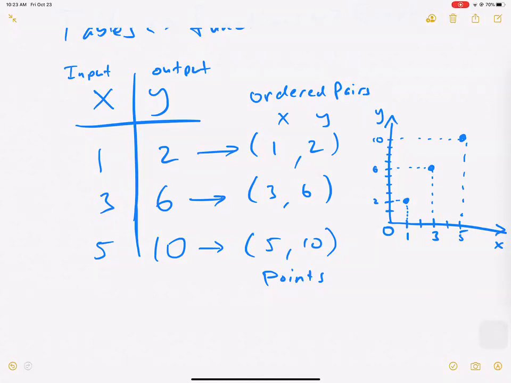So these are just 3 points for us. But input and outputs, this is just 3 glimpses into this pattern. Let me give you an example. Imagine if your mom is calling to ask you where you're at. She wants to track you, right? So what does she do? She could call you and say, hey, where you at? But she can't track you all the time. It's just 3 different glimpses.